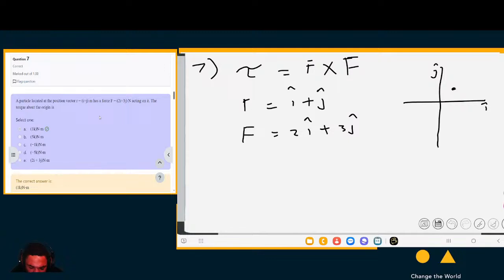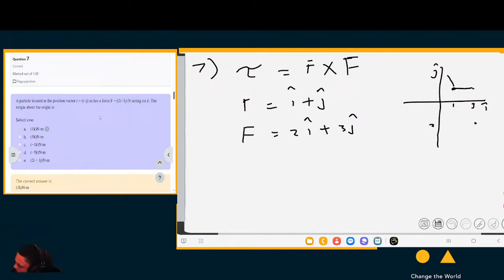Now a force of 2 in the i hat direction and 3 in the j hat direction is acting on it.